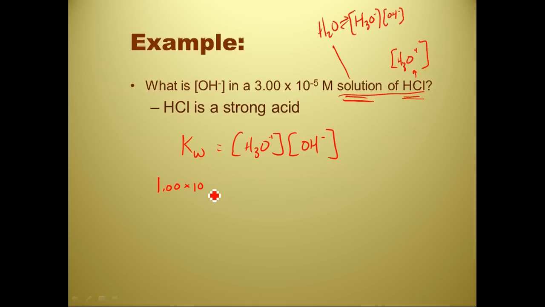The product of hydronium times hydroxide should give you 1.00 times 10 to the negative 14th every single time. So if I'm looking for the hydroxide ion concentration, I must know the hydronium ion concentration. This is a strong acid. It completely ionizes, which means that the concentration of the acid is also the concentration of the hydronium ion.